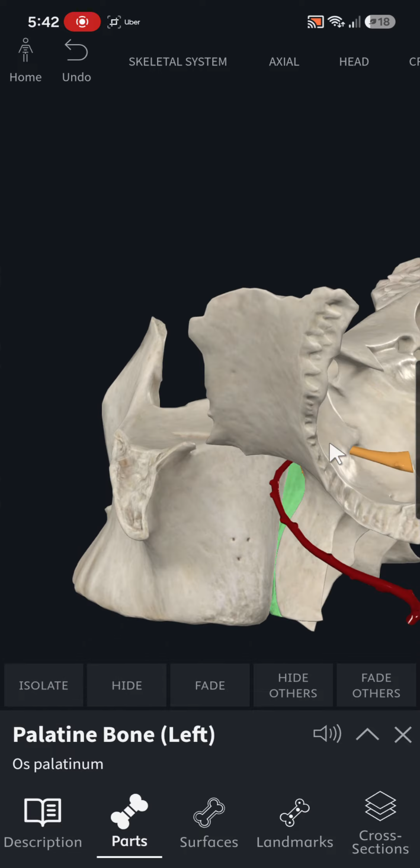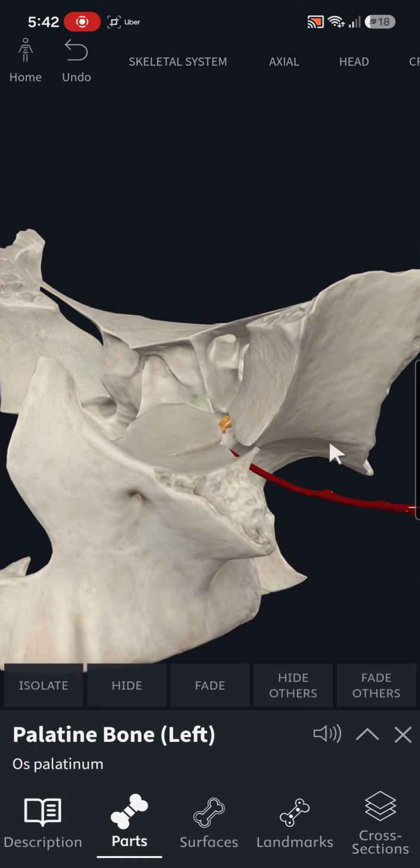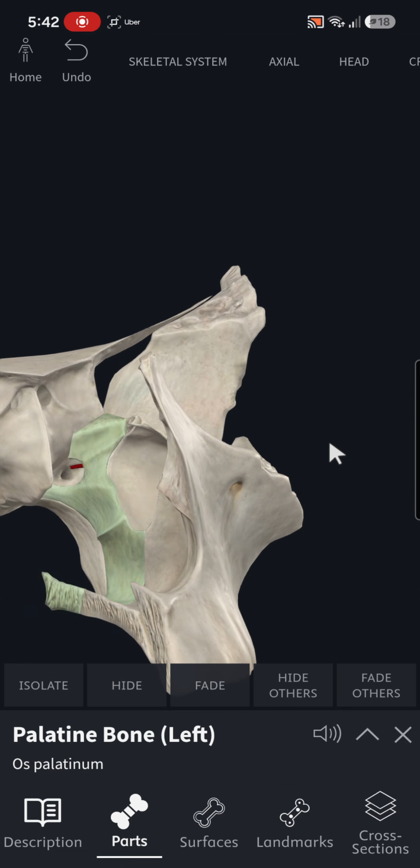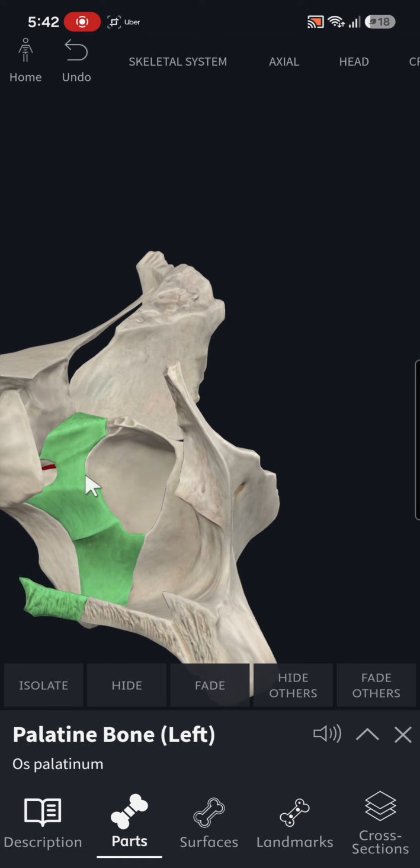It enters the fossa through the foramen rotundum, right? And here we can see the Vidian artery would travel through this Vidian canal into the fossa as well.